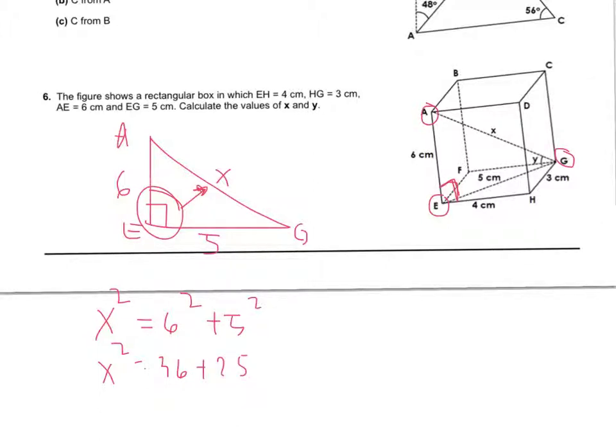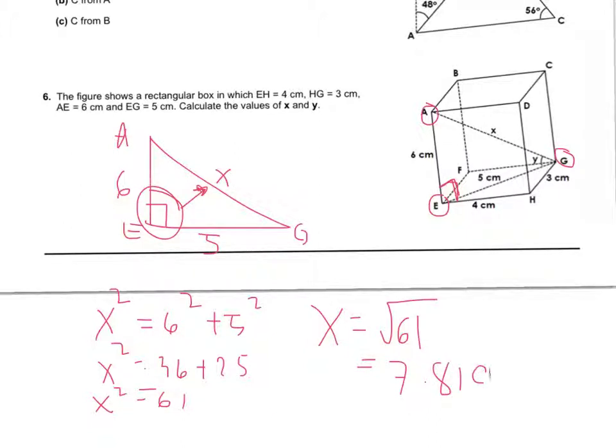What's 36 plus 25? 61. That is only x squared. What is the value of x? Square root of 61. Final answer? 7.81. So this is a side.